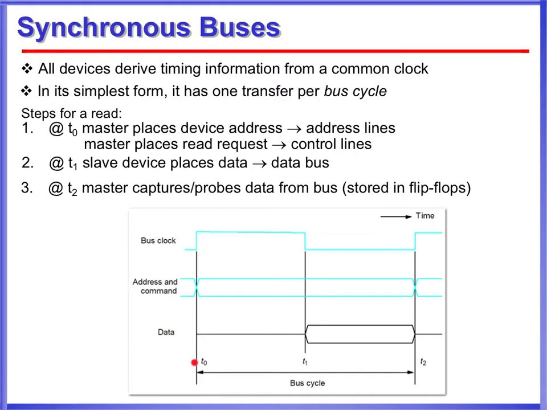The master puts information on the bus, then the slave, the memory unit, puts the data at that address on the bus, and on the next edge of the clock the master reads that into a register, and then it changes the address and command information, maybe to read the next word in memory or to do something else. So it takes one bus cycle to read one thing from memory in a read operation like this.